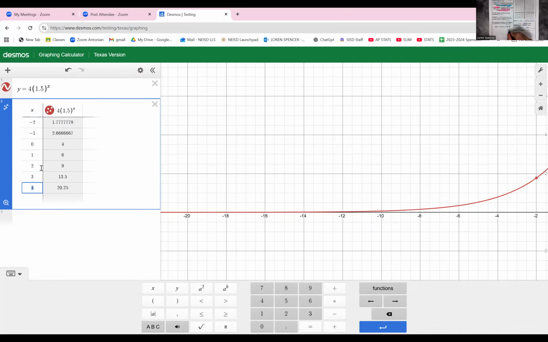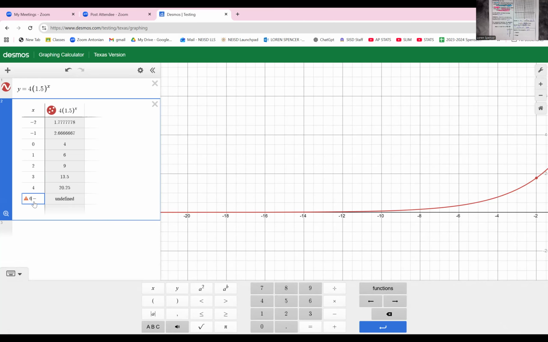So we have 0, 4, 1, 6, 2, 9, and let's put in -6, just to see what happens. Using the negative button, -6.